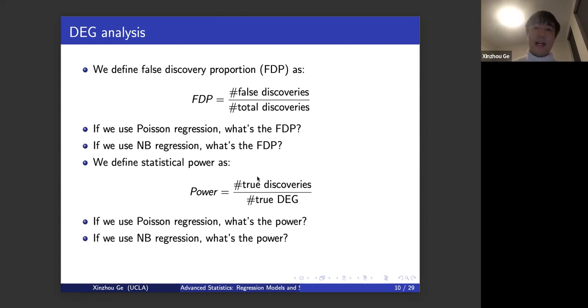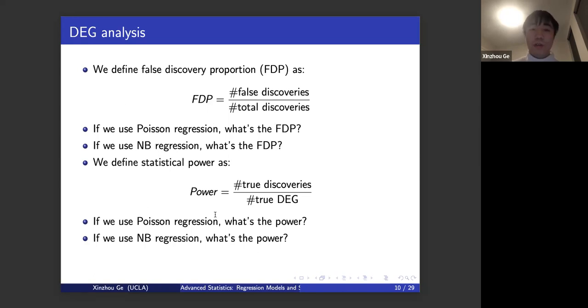And there is another quantity called statistical power, which is the number of true discoveries over the number of true DE genes. If we hope our results to be good, we hope that among our discoveries, the proportion of false discoveries is as small as possible. That's something we design, and so we want to have a small FDP.